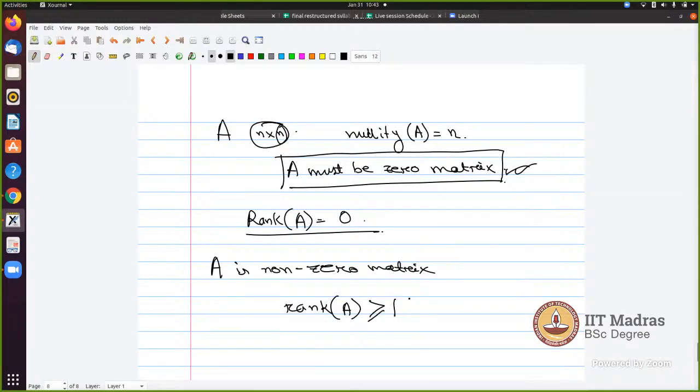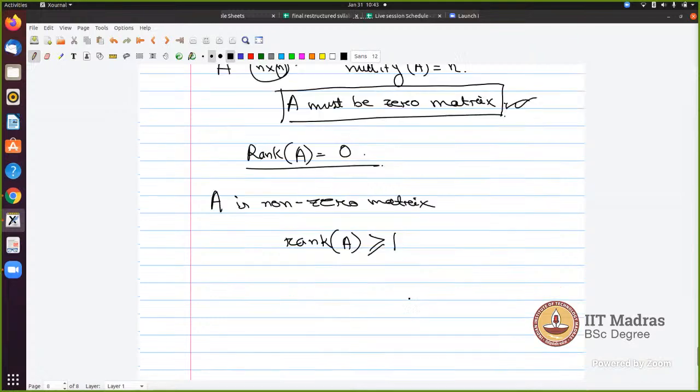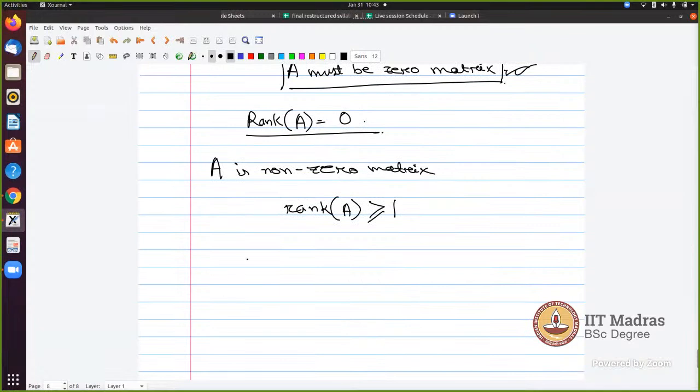Because at least one row should be independent if it is a non-zero matrix. But in this case, that is not happening. Rank is 0 means all the rows must be 0 from the beginning. So we can conclude that if rank of A equals 0, then A must be the zero matrix.